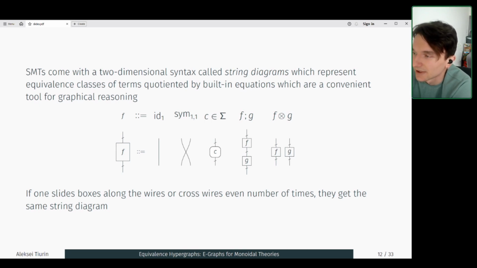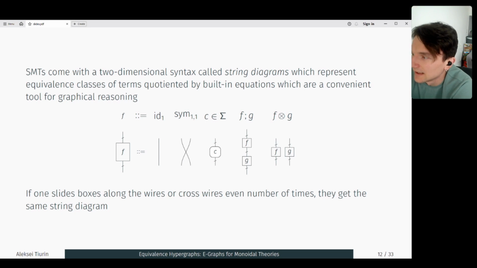So identities become just single wires, symmetries become crossed wires, and the generators from the signature become boxes. And you can compose string diagrams sequentially and in parallel. And also, if you remember, we had the identity with subscript 0, which was the identity for the parallel composition, that is just encoded as a blank space, which is very convenient. You don't have to draw it.